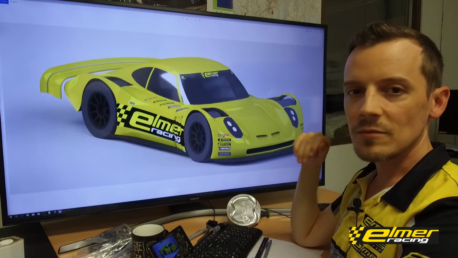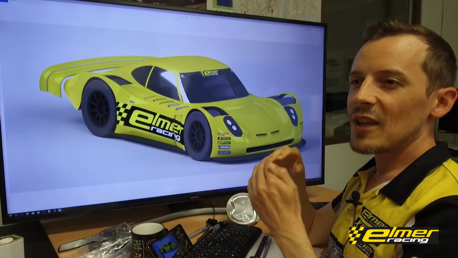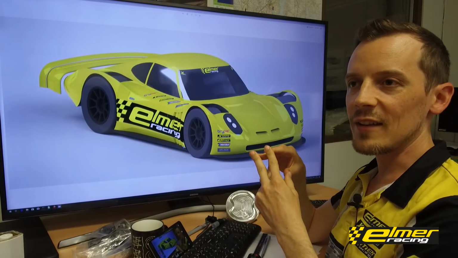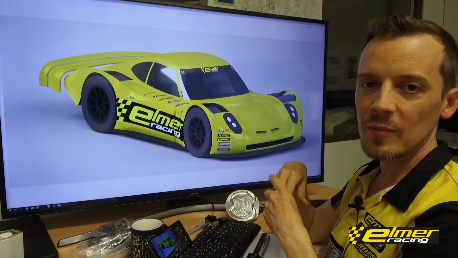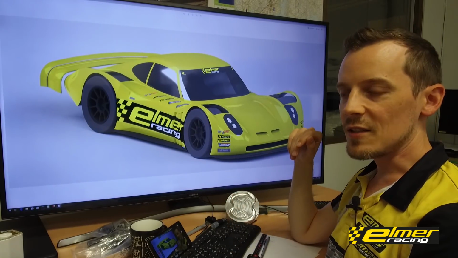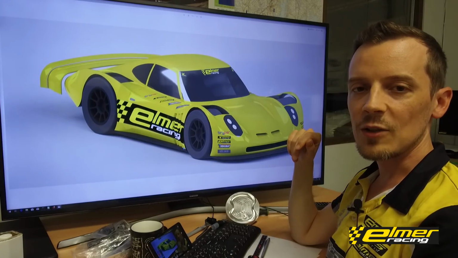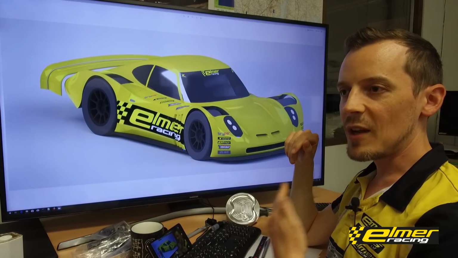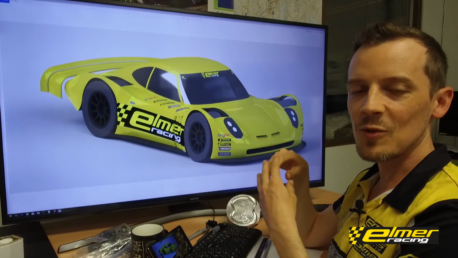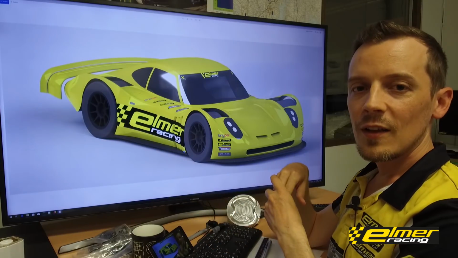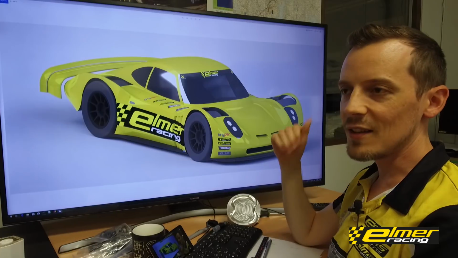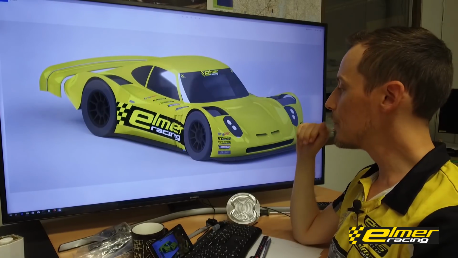We want to use some components in a way they're not really intended for, and we've got excellent support from them, going through the technical aspects and what they would recommend. This is extremely valuable, because typically manufacturers don't provide enough information to figure out whether you can use parts for something they're not designed for. So when you have a really good company that you can go back and forth with, that is extremely valuable.